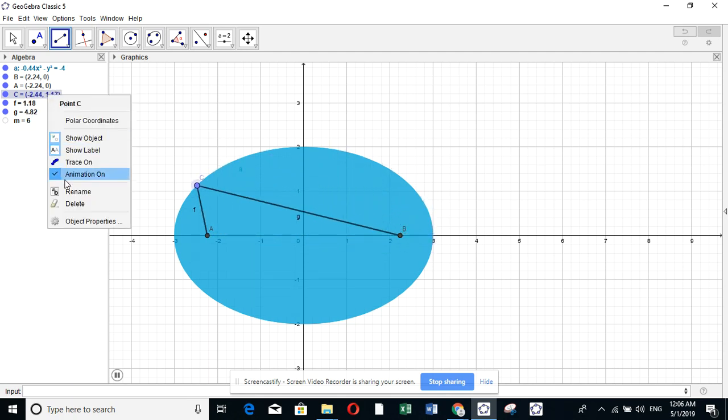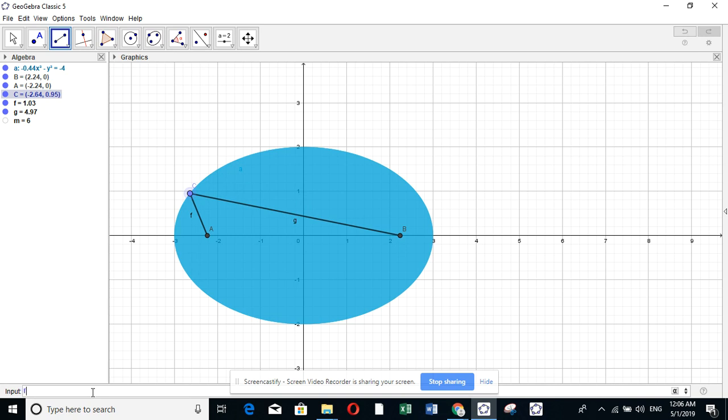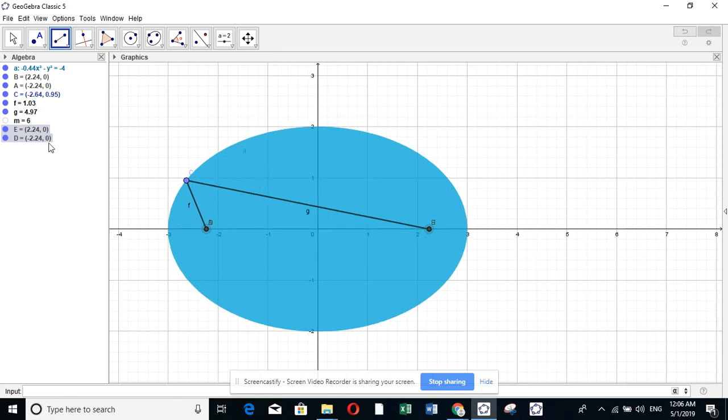Now, every ellipse has 4 vertices, 2 vertices and 2 co-vertices. Here you have 0, 2, and so on. This ellipse is horizontal.